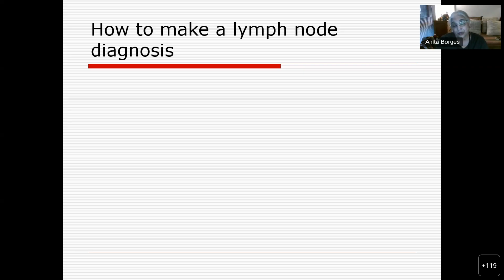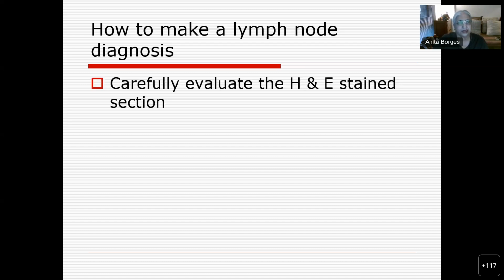And when you cut them too, unless there is frank caseation or frank carcinoma, which you can make out with the naked eye, it's very difficult to say what is in that swollen lymph node. Once you have the lymph node, I guess you know how to cut a lymph node.